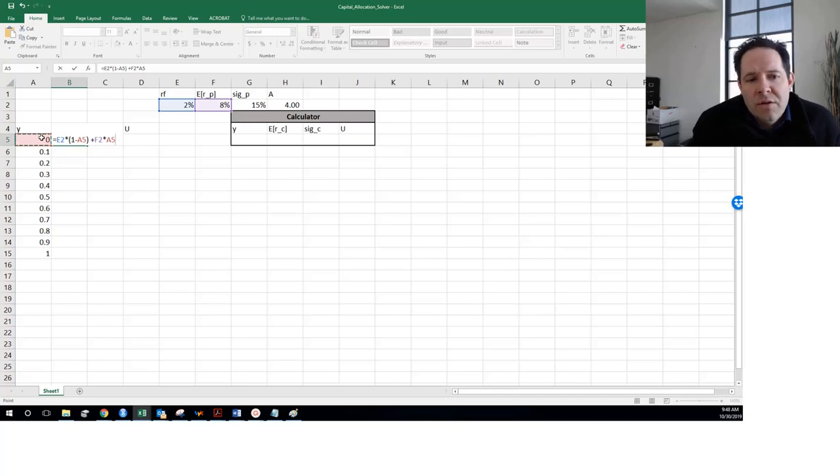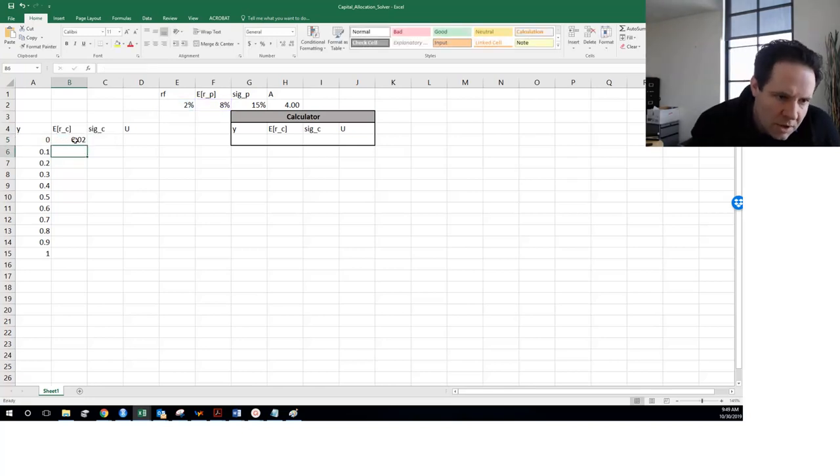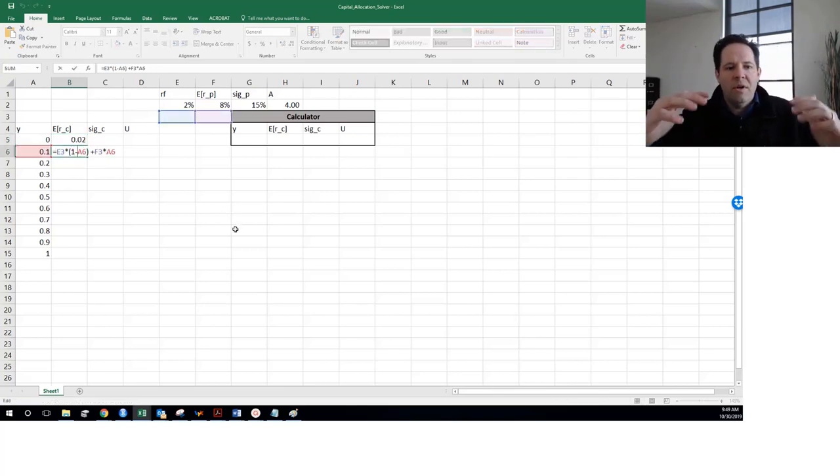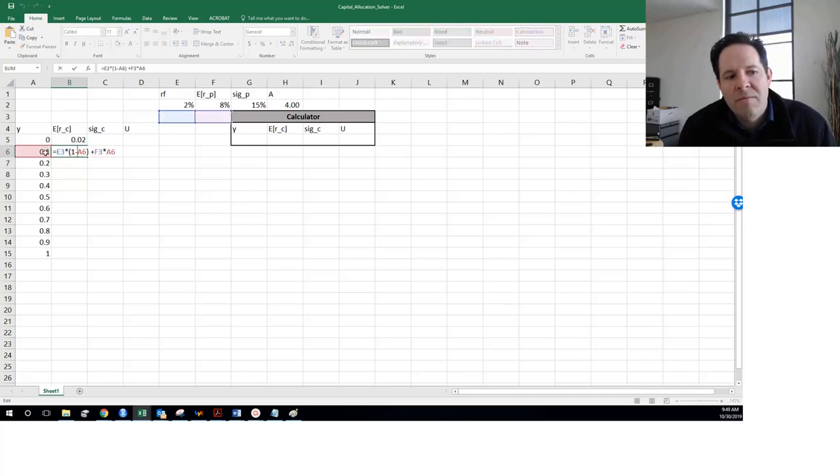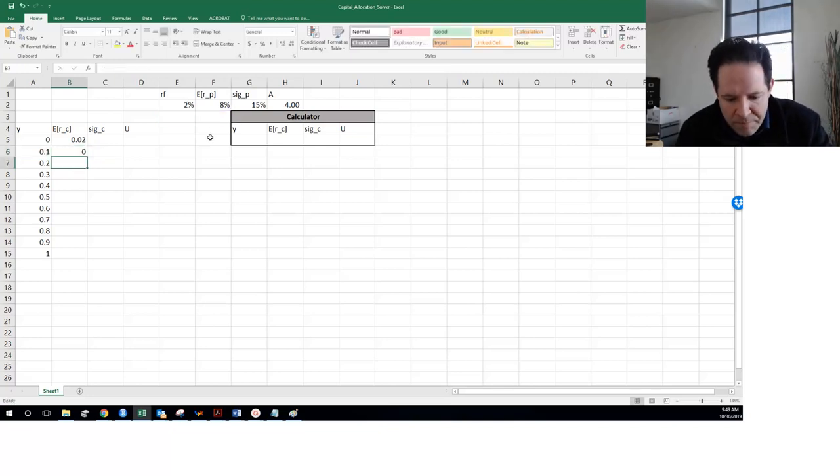Now, I want to show you a little trick. It'd be nice if I were to copy this down. I'll show you first that if I just copy that down, every cell's position gets dragged down. That's nice for referencing the changed share of the risky asset, so I don't want to change these red references, but this purple reference and the blue reference, I'd like those to stay put.